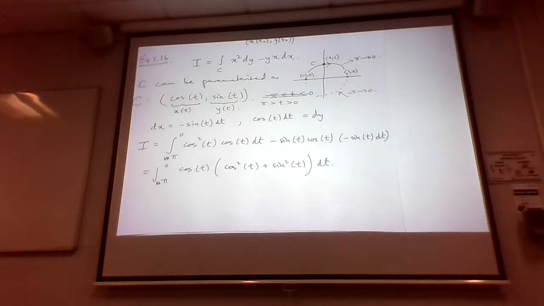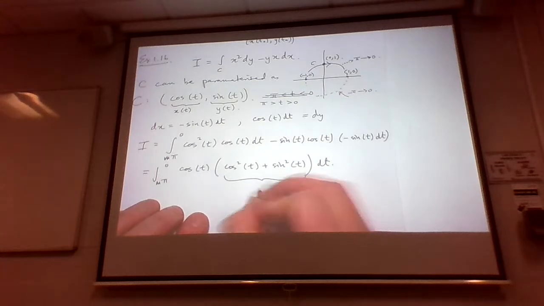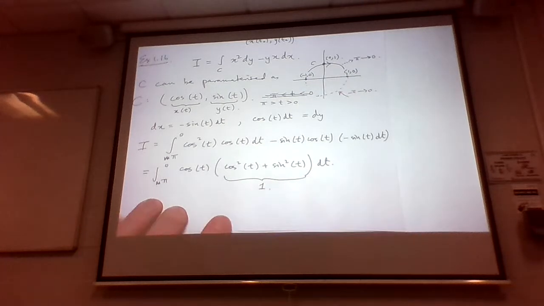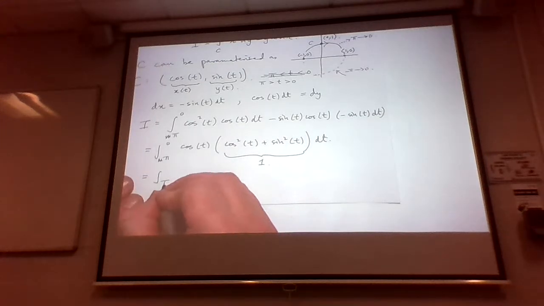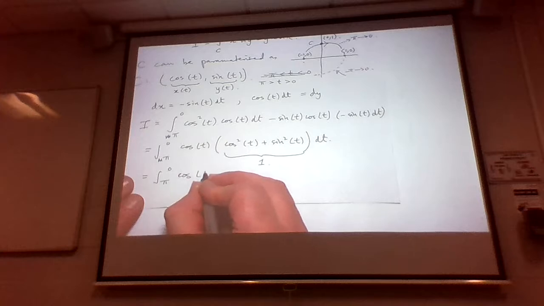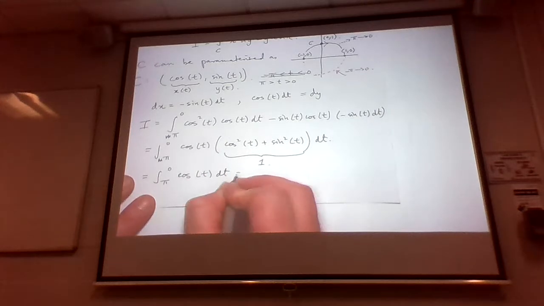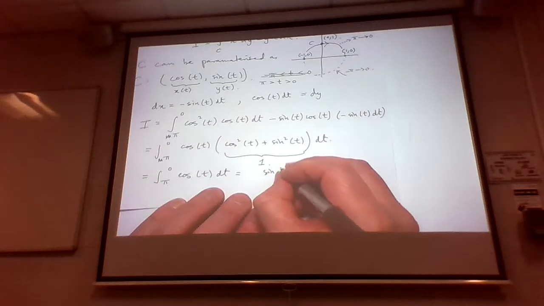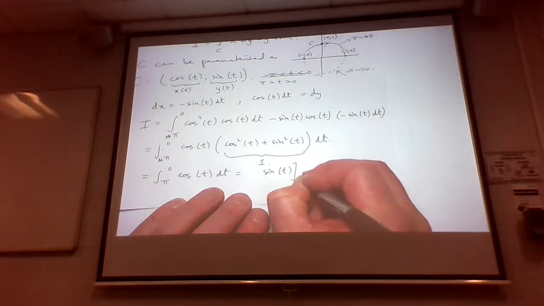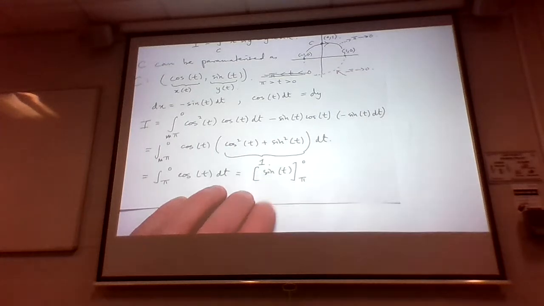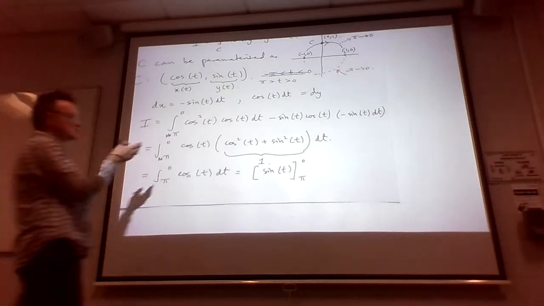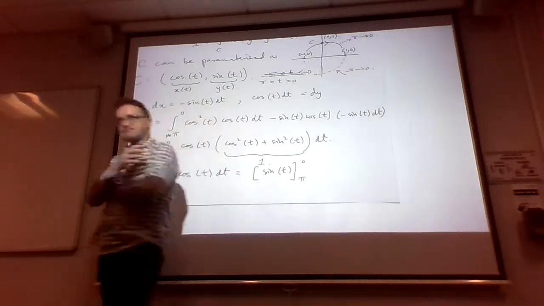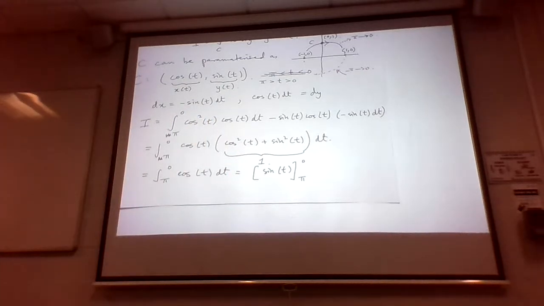And of course, this is our well-known, recognized radius 1 term, cosine squared plus sine squared. So the integral just becomes the integral from pi down to 0 of cosine of t, which is something we recognize. It has an integral of sine, which evaluates at both endpoints to 0.